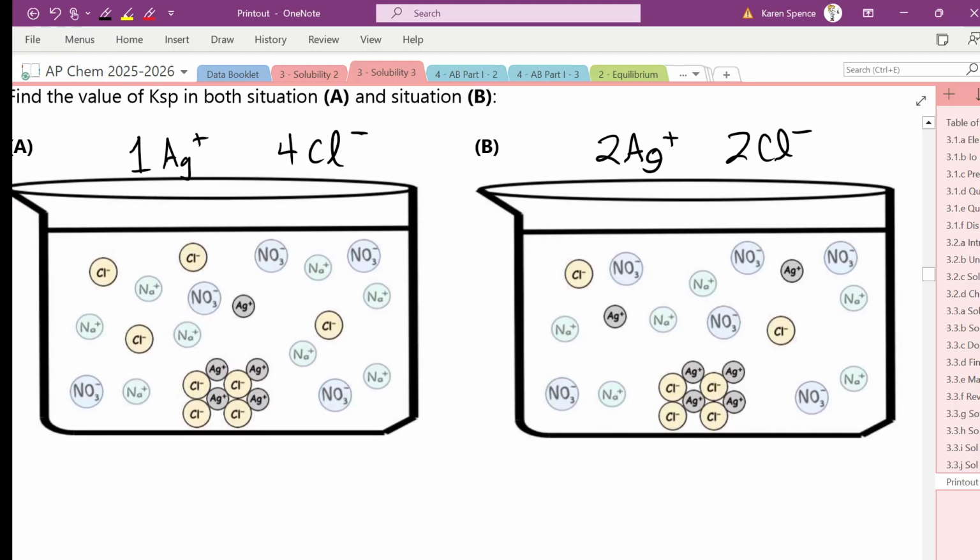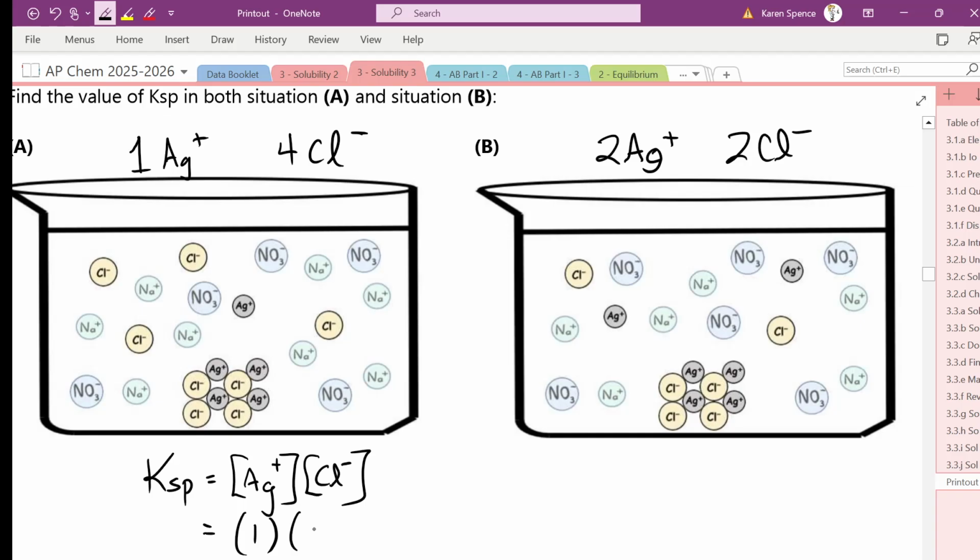Well, let's look at our KSP. KSP is equal to the concentration of silver times the concentration of chloride, which in this case is 1 times 4, which is 4.